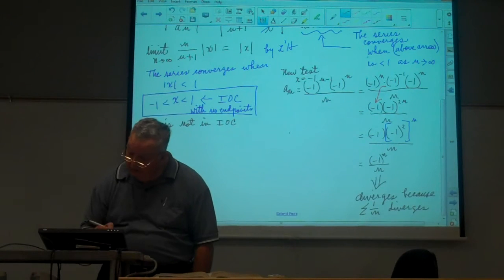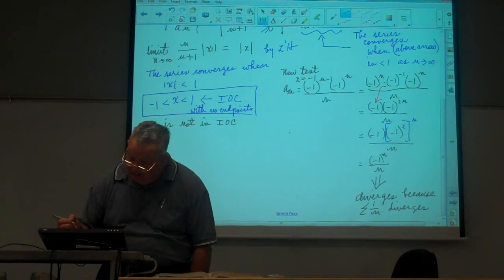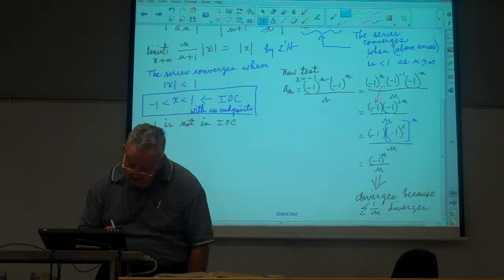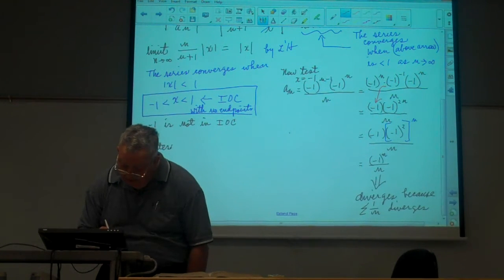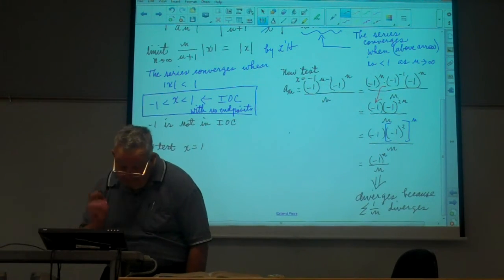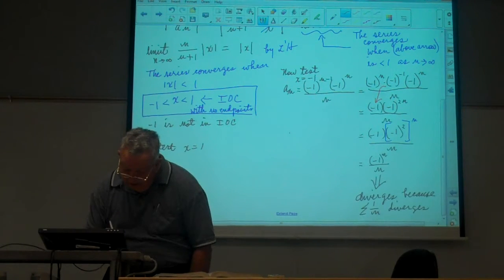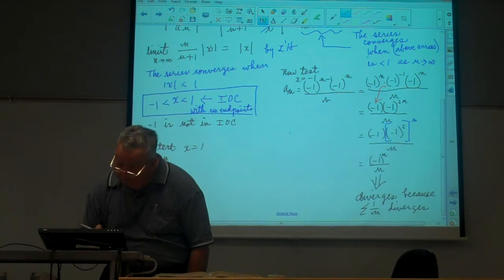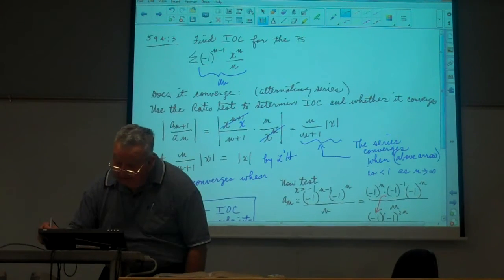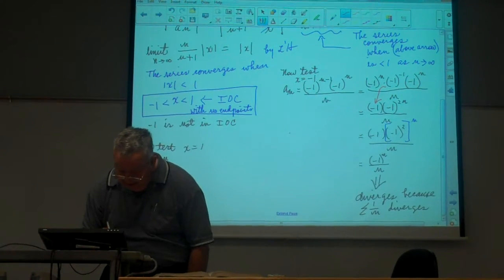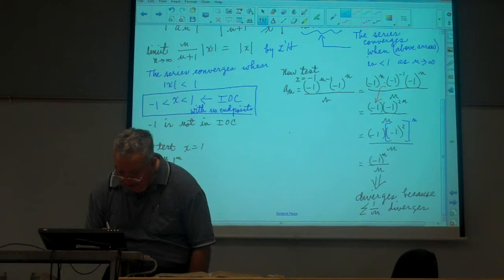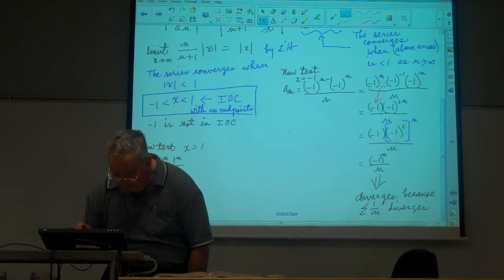Everybody agree? So now I test x equal 1. So I have minus 1 to the n times 1 to the n over n.